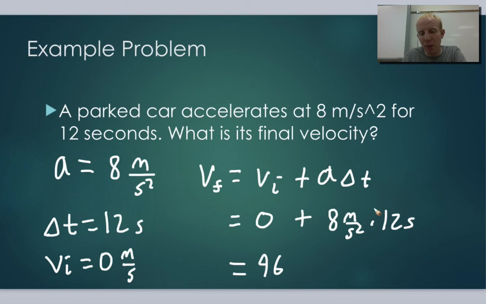You got a meter on top, you got a second, and you have that all over seconds squared. Well, one of the seconds on the bottom is going to cancel out with one of the seconds on the top, which is going to leave you with meters over seconds, which is what you would expect, right? This is a velocity or a speed, so that's going to be in meters per second. So there you go. That car accelerates at 8 meters per second squared for 12 seconds, and the final velocity is going to be 96 meters per second.